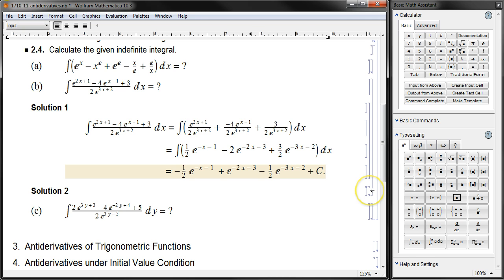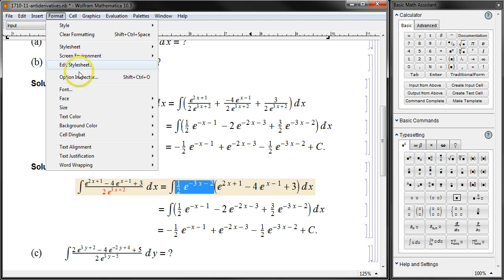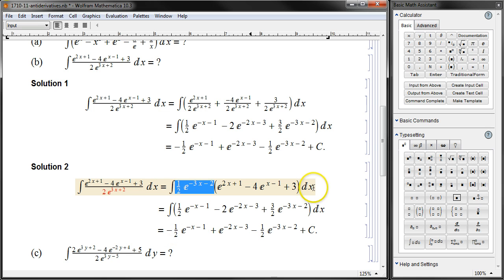Some students prefer the second method, so let me explain this. This denominator becomes like that. The 2 in the denominator stays in the denominator, that's a number part, so it becomes 1/2. The exponential part flips up to the numerator, so we have a negative sign. And then we distribute over this multiplication, so this time we're doing addition.